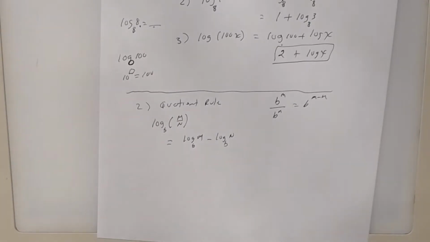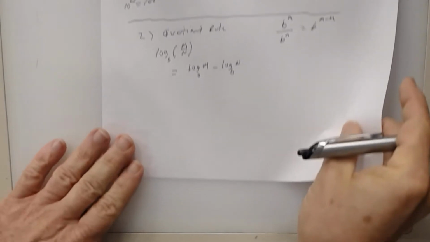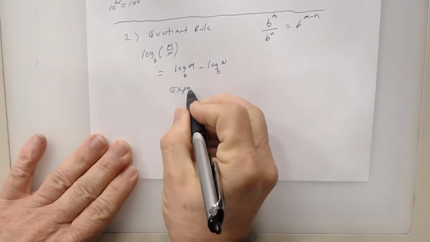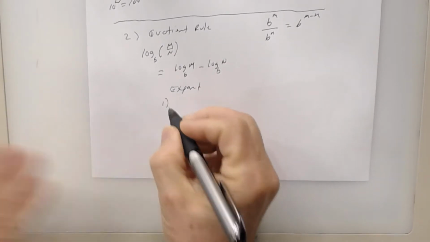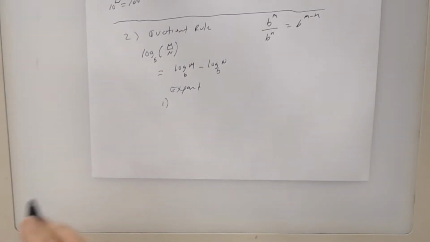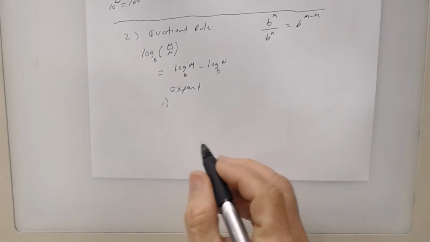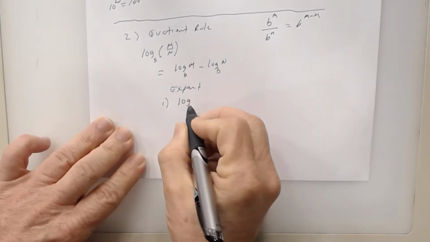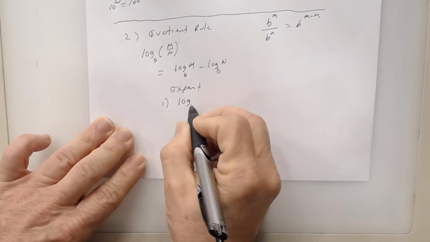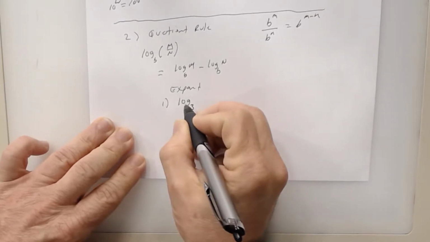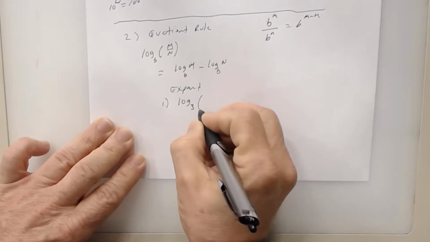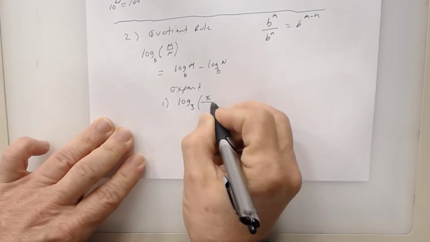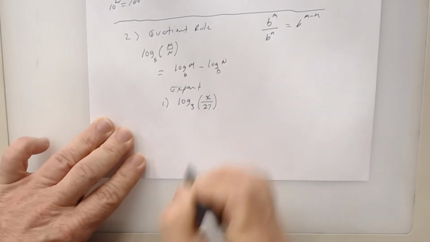So let's look at this one. Let's go ahead and expand. Number 1. Let's suppose we had the log base 3 of, let's say, x divided by 27.